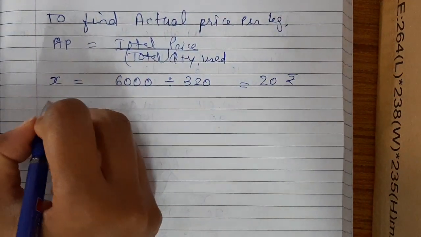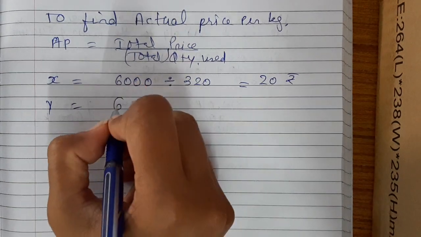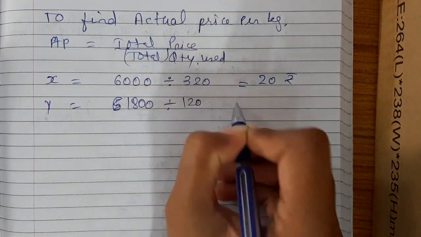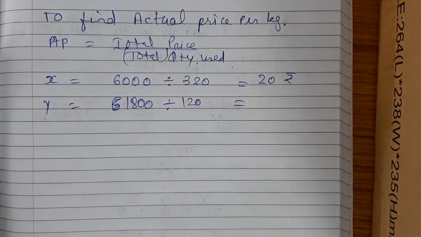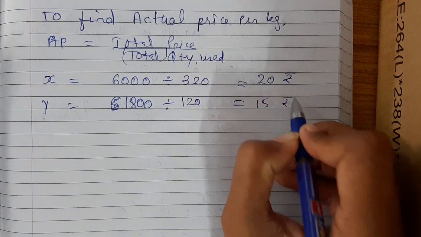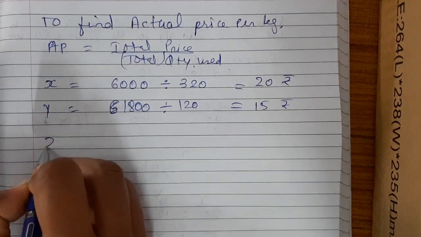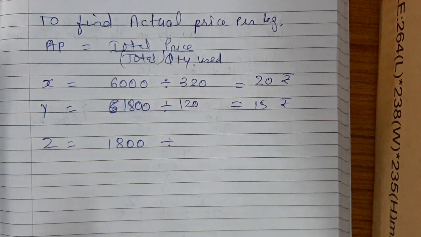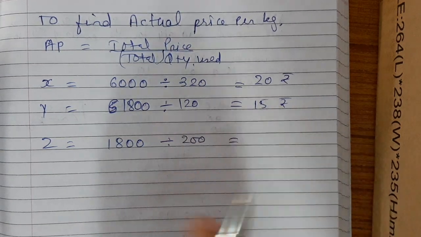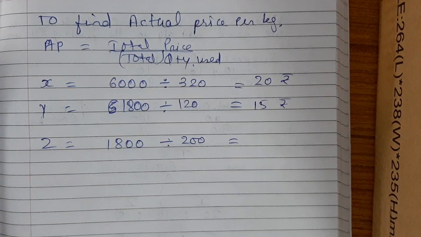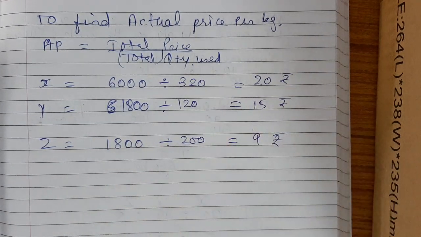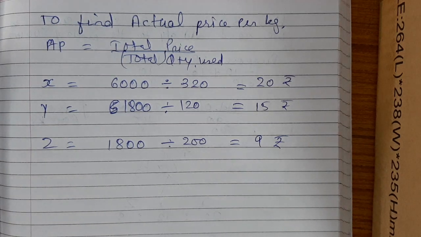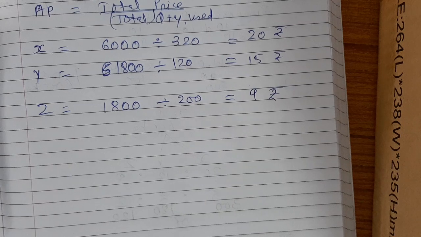Alright, for Y, 1,800 divided by 120, so that would be 15 rupees. Okay, for Z, 1,800 divided by 200, so that is 9 rupees. So here we can have our actual price like this. Okay, now we can prepare that important table.